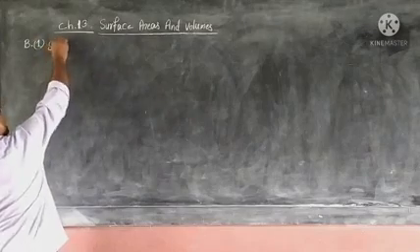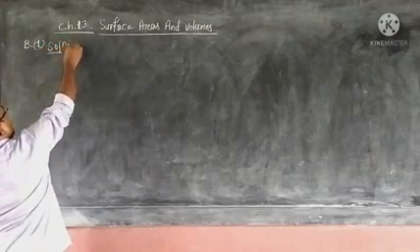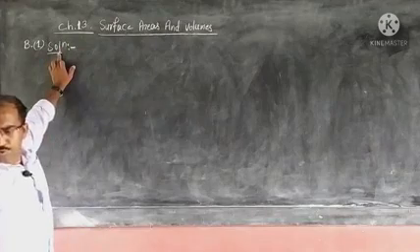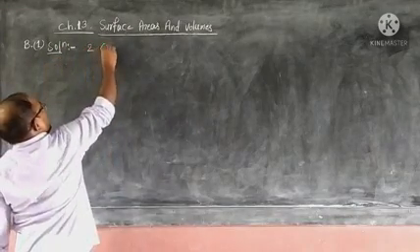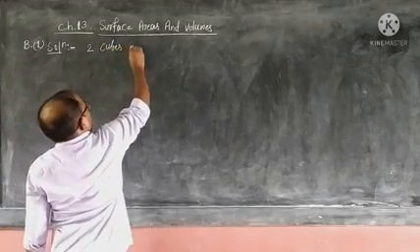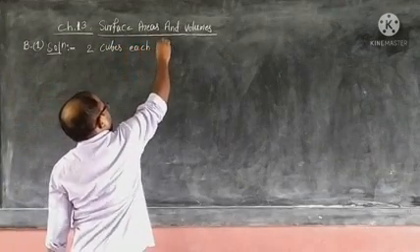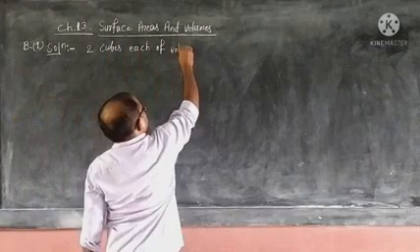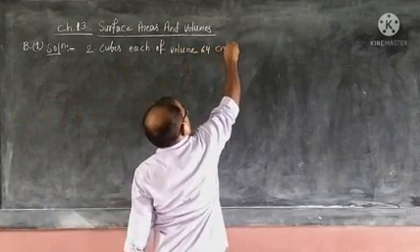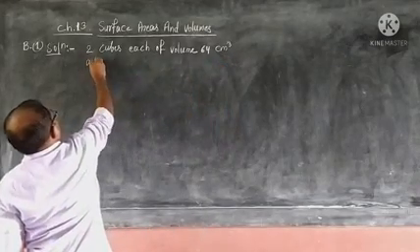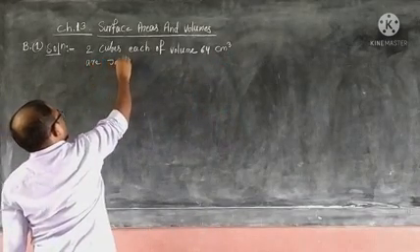We start the solution of exercise 13.1, question number 1. Two cubes each of volume 64 centimeter cube are joined.